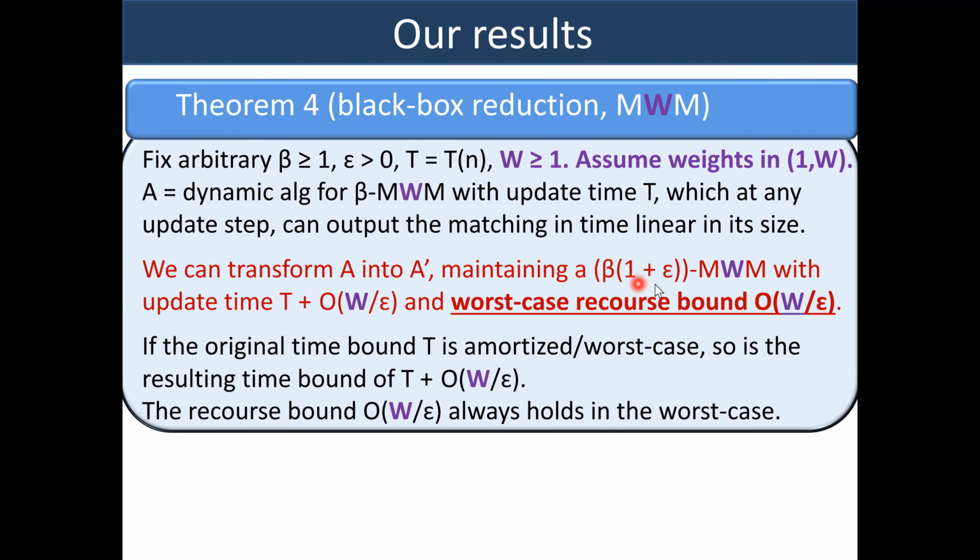We get the same bound on the approximation guarantee, but the update time will increase not by an additive term of constant over epsilon, but rather W times this constant over epsilon. And the worst case recourse bound will grow from constant over epsilon to constant times W over epsilon. Okay, so you see this W everywhere. We just replace 1 by W. And so this is what we get.